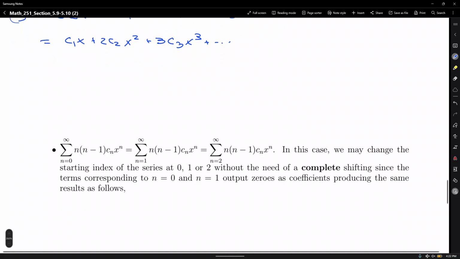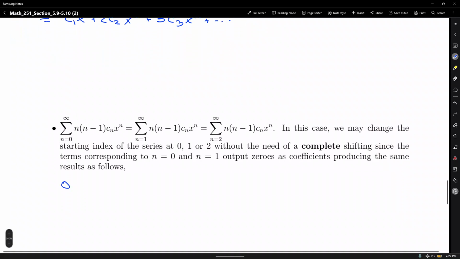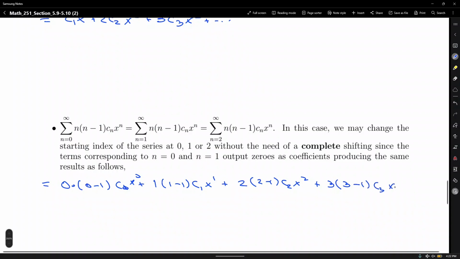So let me expand it so you can see it. That is 0 times 0 minus 1, c sub 0, plus 1 times 1 minus 1, c sub 1, x to the first, plus 2 times 2 minus 1, c sub 2, x squared, plus 3 times 3 minus 1, c sub 3, x cubed, plus etc. Infinitely many terms, right?